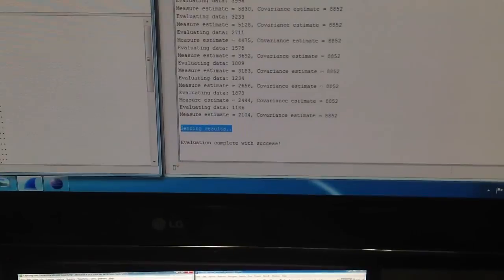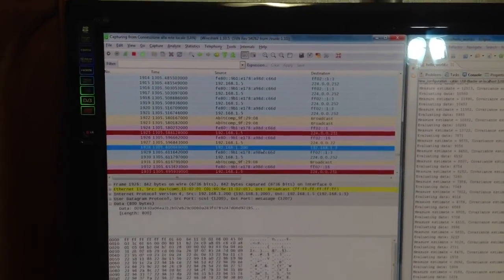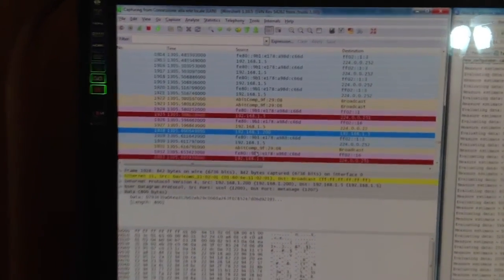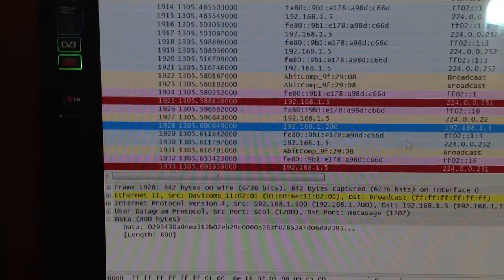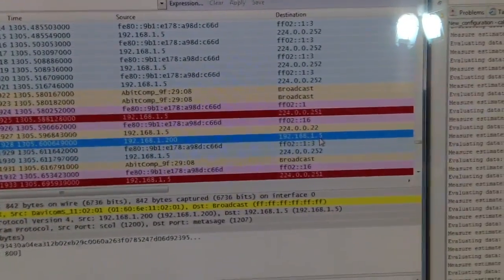Here we can see the transmitted packet. Okay, here it is. The source this time is .200, our FPGA, to destination .5, which is our PC.